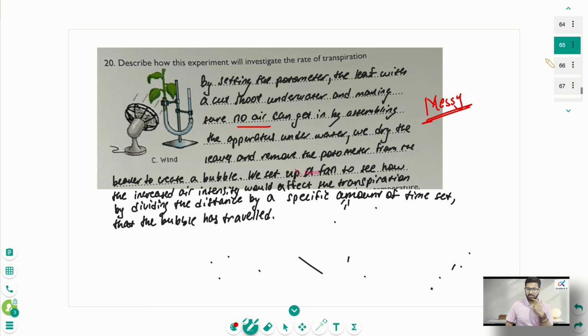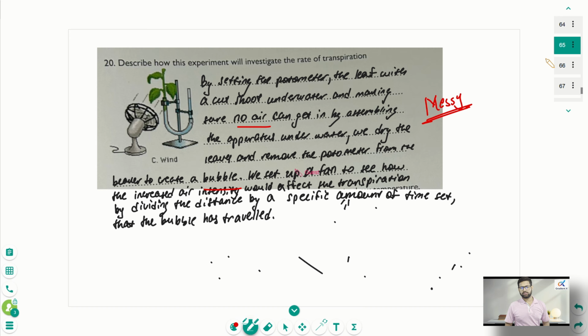But don't write it in one sentence. Break it into small sentences so that the teacher can relate to it, okay?